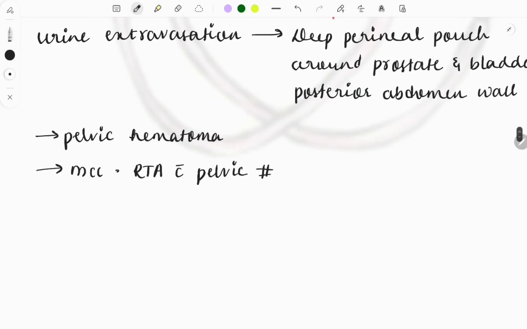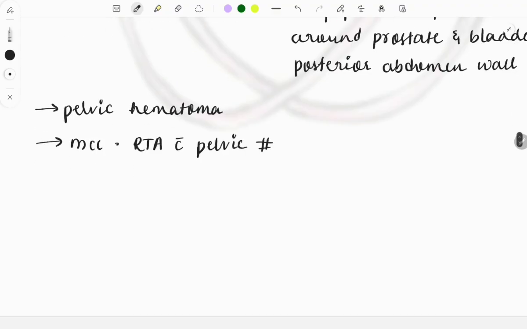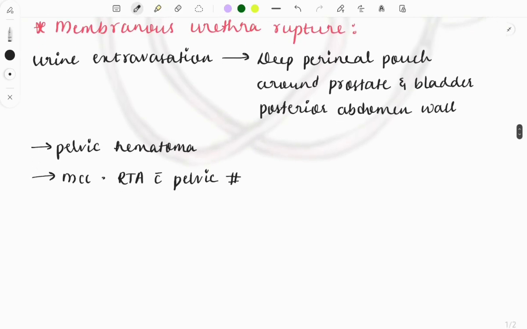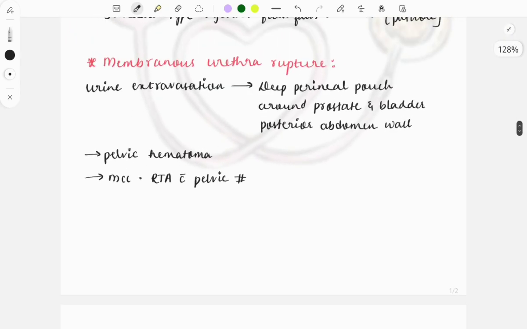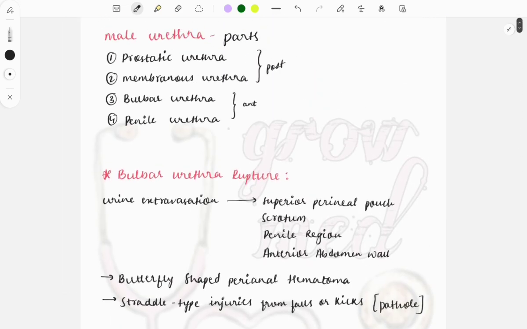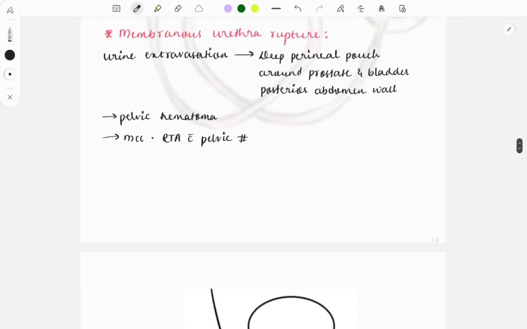In this, pelvic hematoma can be seen. The most common cause is RTA with pelvic fracture. The cause is also different for both: one is falls or kicks, and one is RTA. This is another important differentiating factor which can be described in the case.